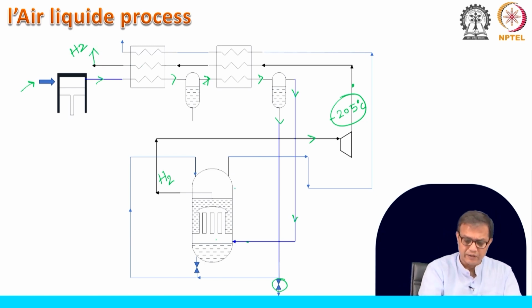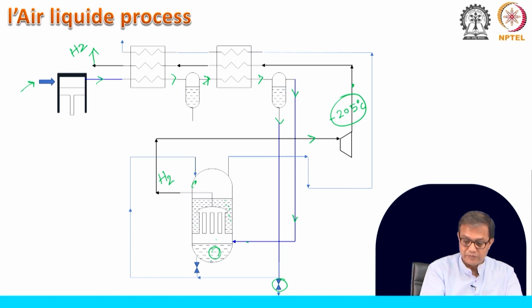On the other hand, as I told, this methane and CO mixture will be expanded and that will be coming over on top of the condenser evaporator part, and will be collected over here and provide the refrigeration for this methane, which will be collected over here.